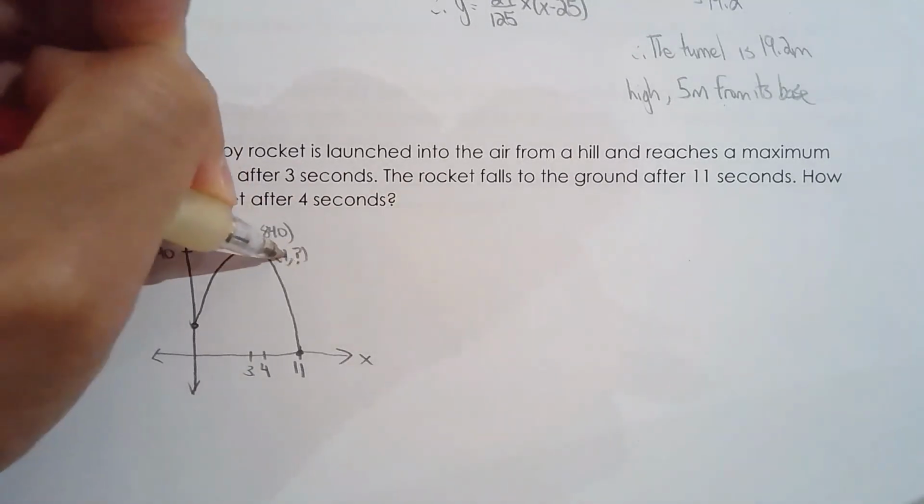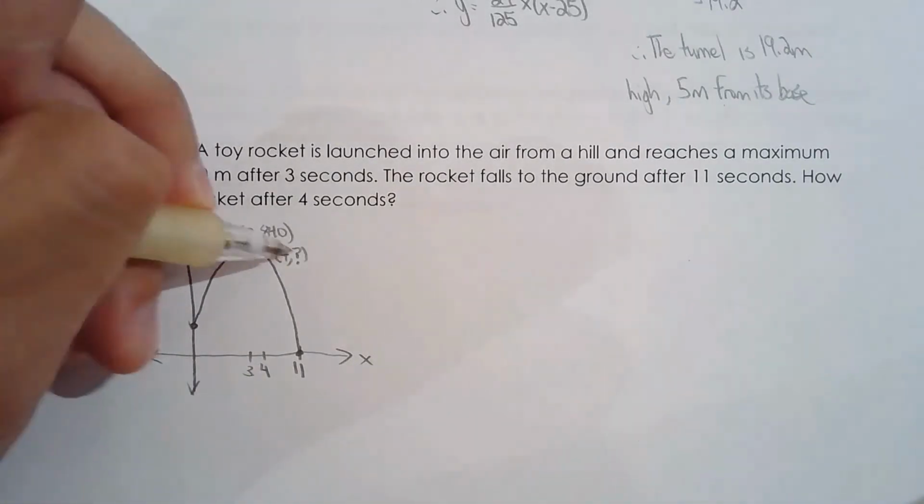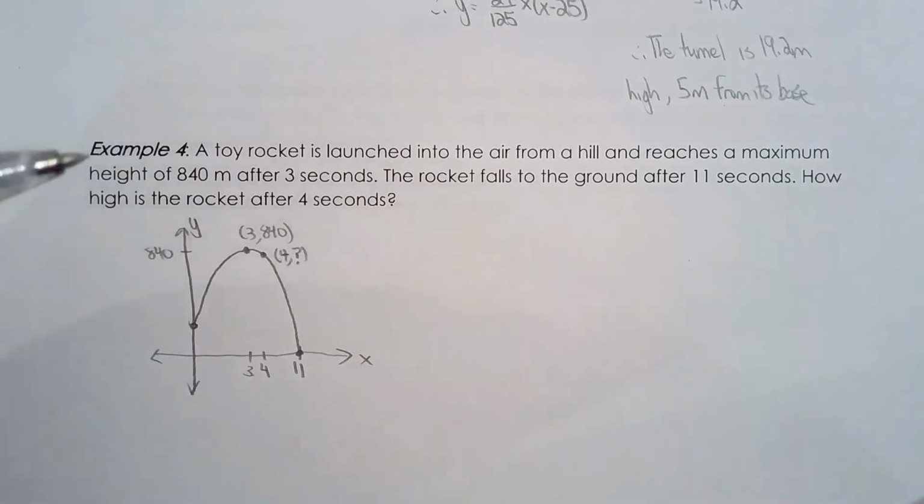I know how high it is after 3 seconds. I don't know the height after 4 seconds, but I'm very sure that it's less than 840 because the max height is 840. If I had to guess, maybe 800? Let's see.